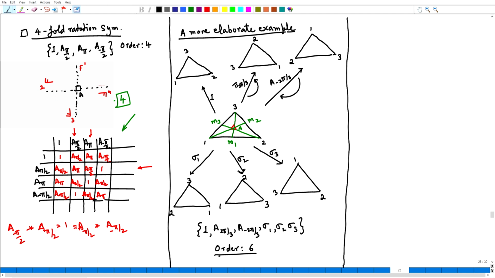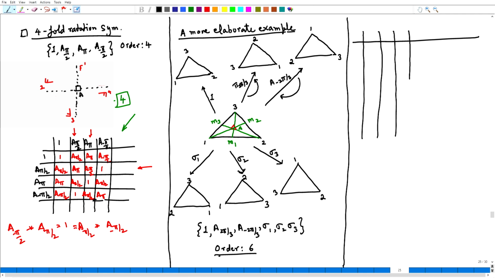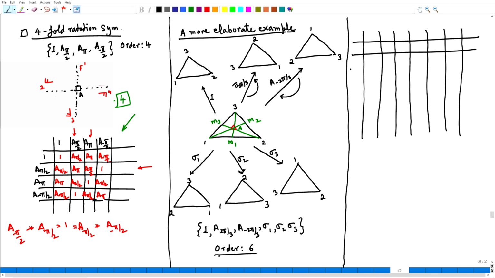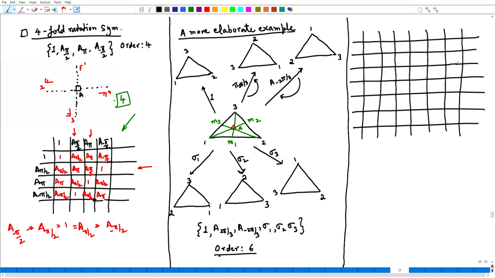So, let us try to make the group multiplication table for this. And I will just write down all the elements.